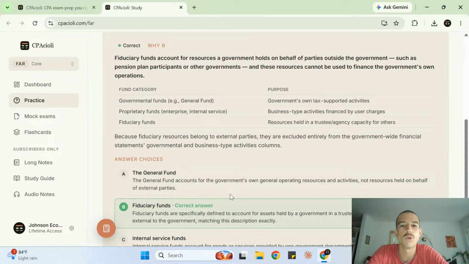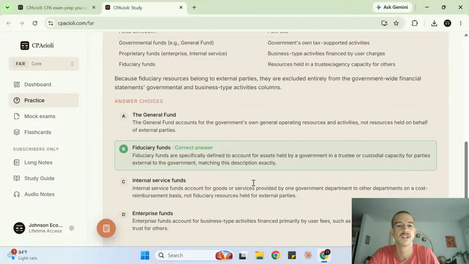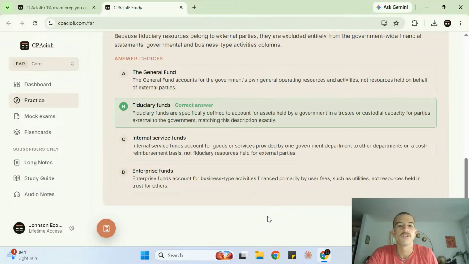Fiduciary funds account for resources a government holds on behalf of parties outside the government, like pension plan participants or other governments, and these resources cannot be used to finance the government's own operations. Fiduciary funds are specifically defined to account for assets held by a government in a trustee or custodial capacity for parties external to the government, matching this description exactly. Cool.